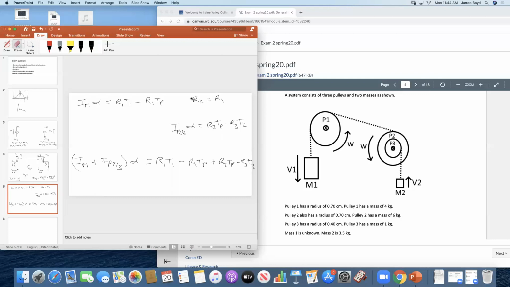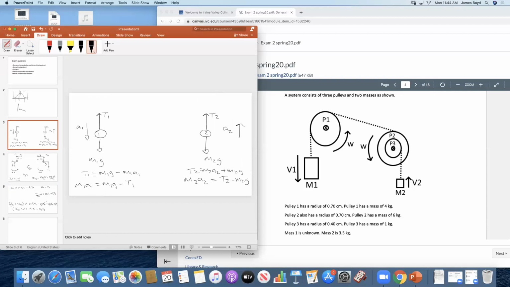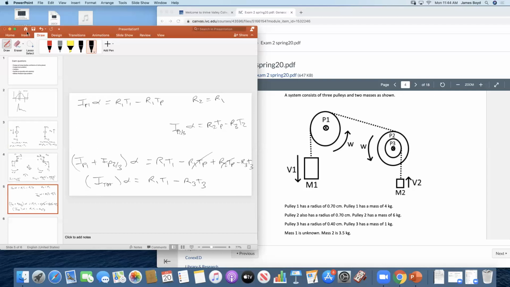But, and you should already know this from Newton's third law, that internal forces cancel, right? R1 and R2 are the same. These two forces go away, or these two torques go away. Internal torques do the same thing. So I'm just going to call this I total. Alpha is R1 T1 minus R3 T3. And when I look back to this, I'm sorry, that's not T3, that's T2.